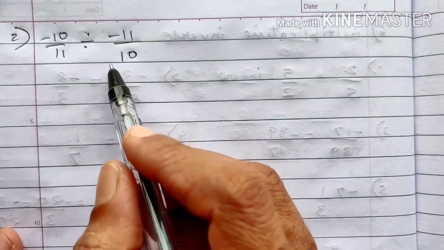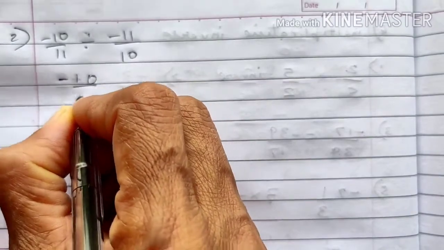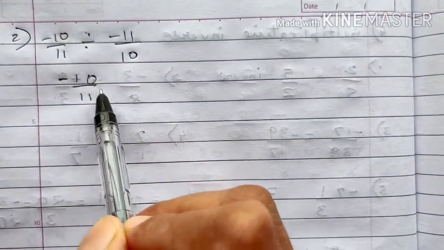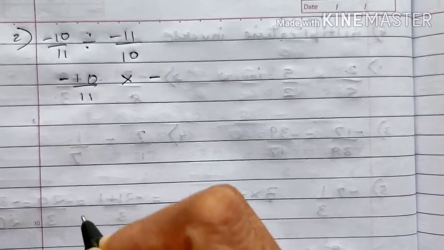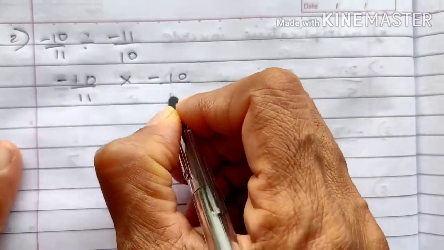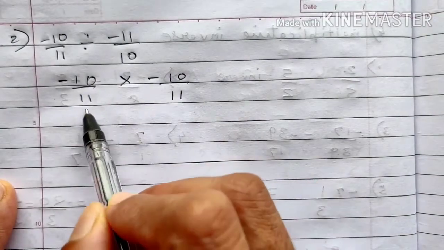The next again is division. Okay, so the first step, we'll write minus 10 upon 11. Convert the division sign into multiplication. Okay, and the next step is take the inverse of the second fraction. So minus sign, as I said before, keep it as it is, and then you have 10 upon 11. Let's just reduce. There are no common multiples.